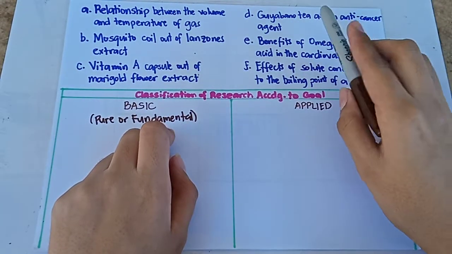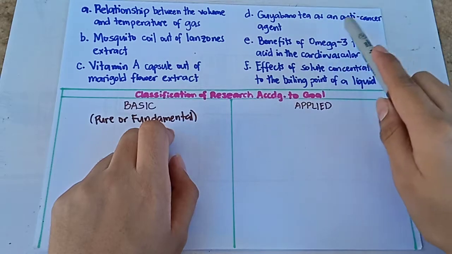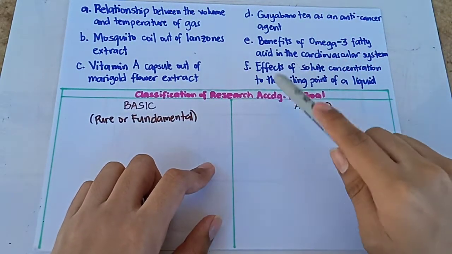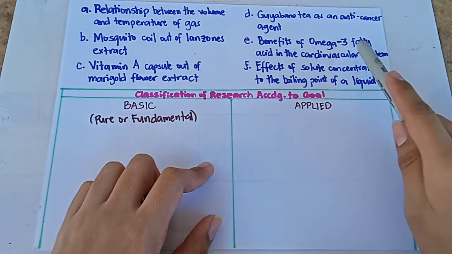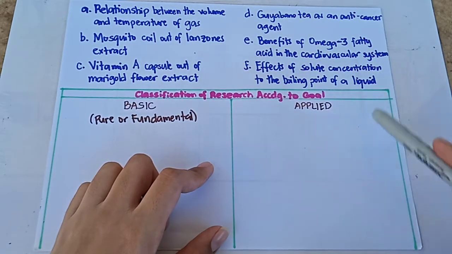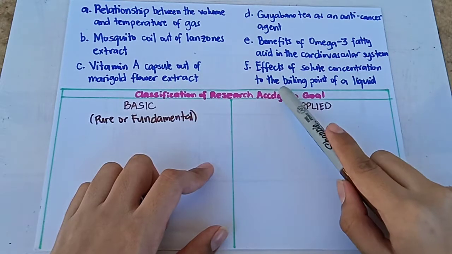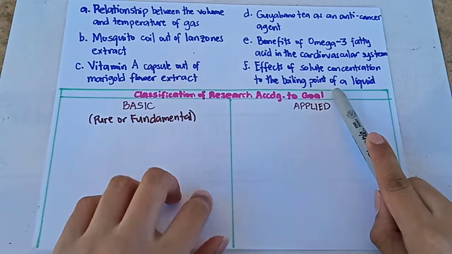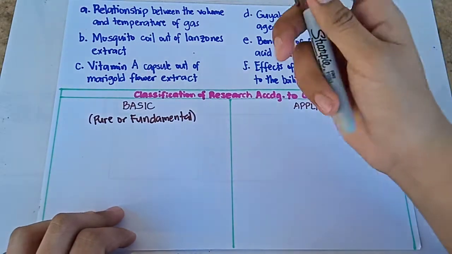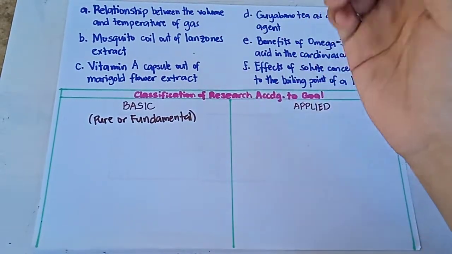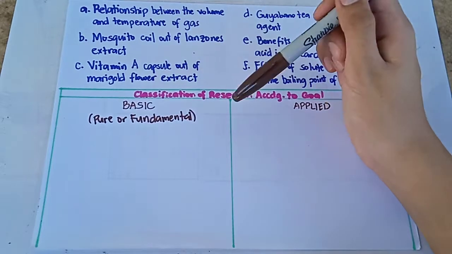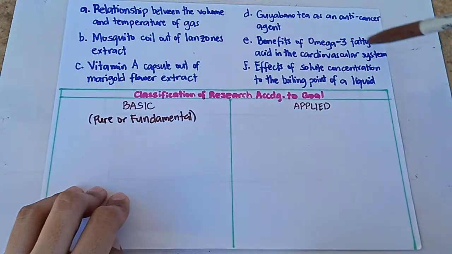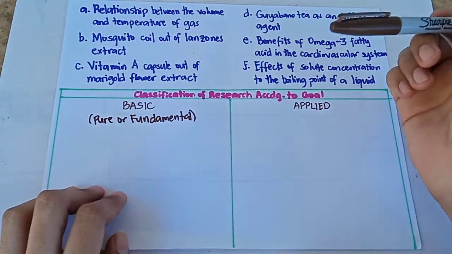Next, guayabano tea as an anti-cancer agent. The next concept is the benefits of omega-3 fatty acid in the cardiovascular system. And lastly, the effects of solute concentration to the boiling point of a liquid. So, in order to discuss the difference between basic and applied research, let us classify these concepts, whether it is basic or applied.